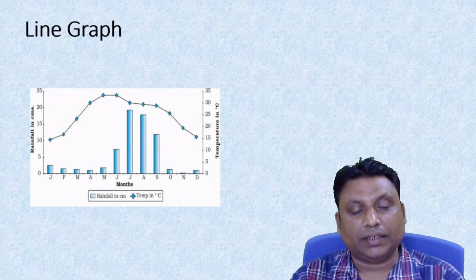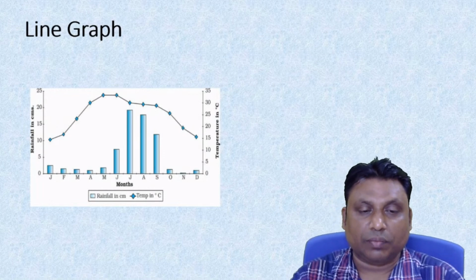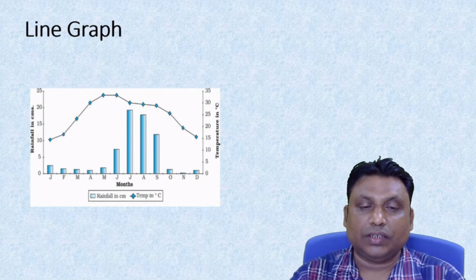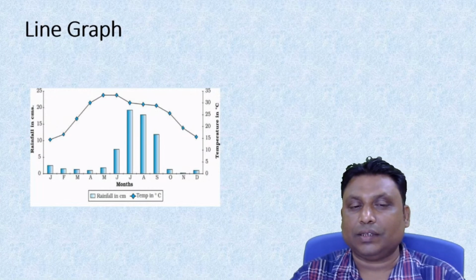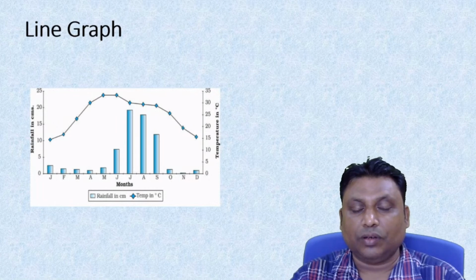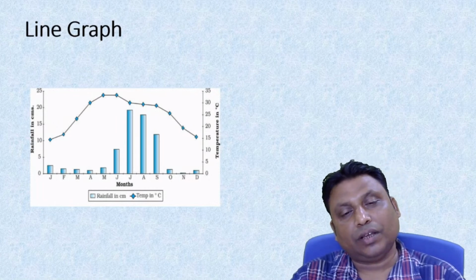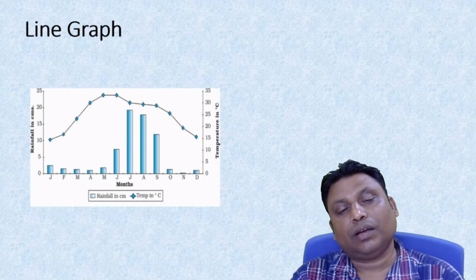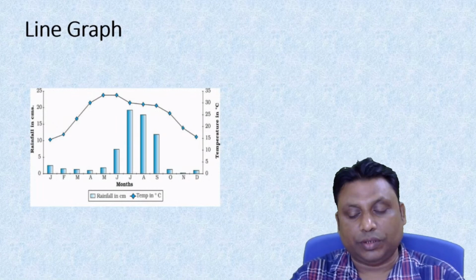January, February, March, April, May, June, July, August, September, October, November, December. So this is the bar diagram also. One is temperature and another one is rainfall. The bar is taking the rainfall, but in the line graph we are taking the temperature. So in this type of data you can also use the line graph.